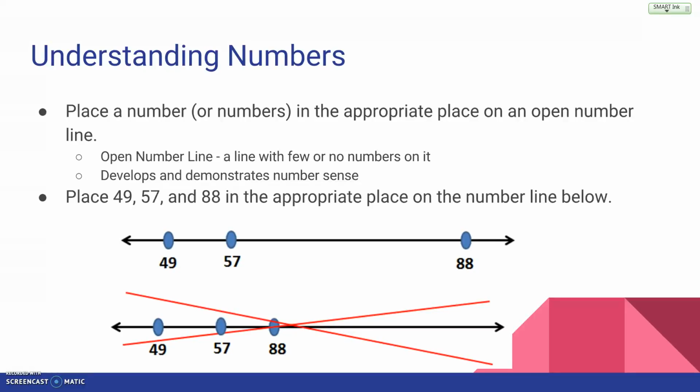The fact that 49 and 57 are relatively close to each other, but 57 and 88 are much farther apart from each other. And so if we look at the top number line, we see that the student considered that when they placed the numbers on there, that they put 49 and 57 much closer to each other than they placed 57 and 88. And on the bottom number line, we see that they placed the numbers in the correct order, but 88 is much closer to 57 than it really should be.